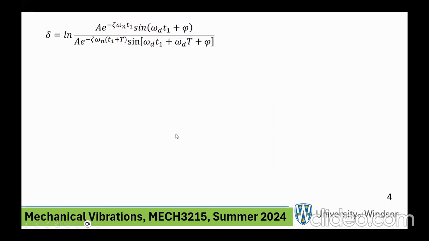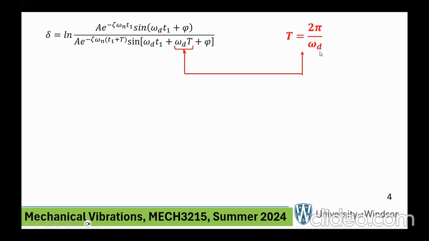See that? This is going to cancel that. And all I have done is to expand this thing. It was omega d times T1 plus T. I've multiplied it out, so written it as omega d T1 plus omega d big T. Okay, what do we know? First of all, by definition, big T is 2 pi over omega d.